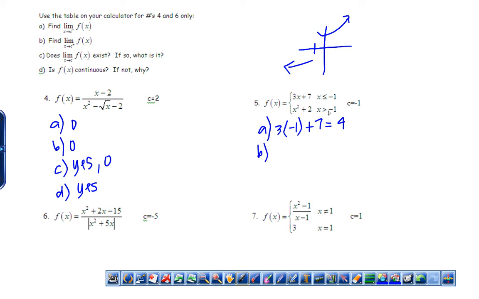And then to plug it into the right side, I'm going to say -1 and square that. Add 2, and that's equal to 3. And since this function approaches 2 different numbers, does the limit exist? And this would be no. And is it continuous? And that would be no. And it's no because the limit as x approaches -1 does not exist.